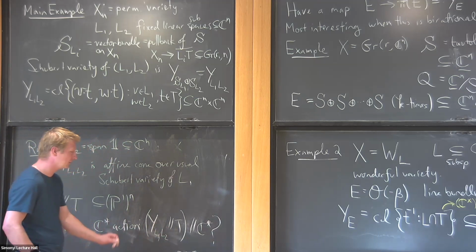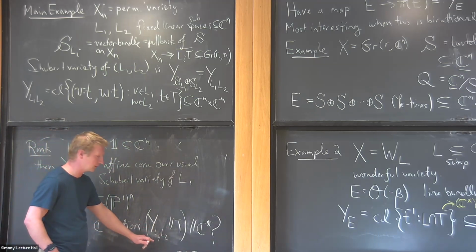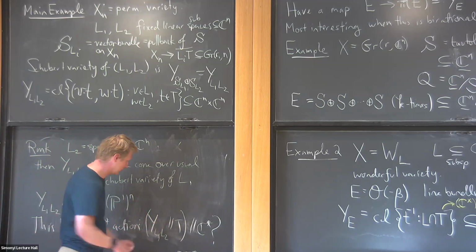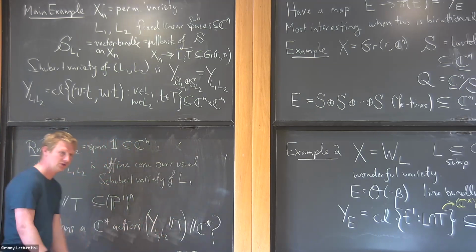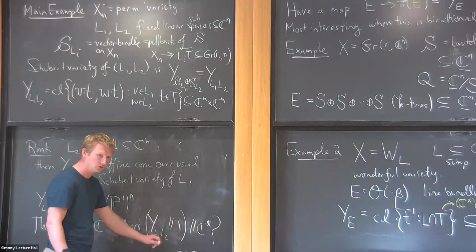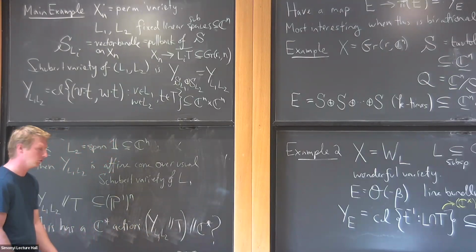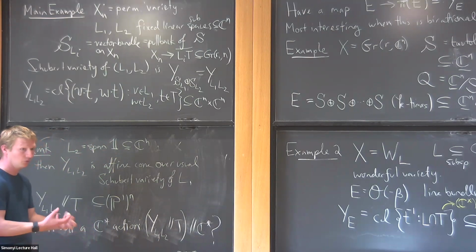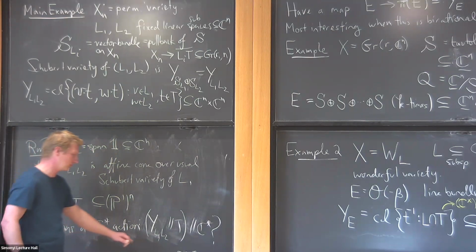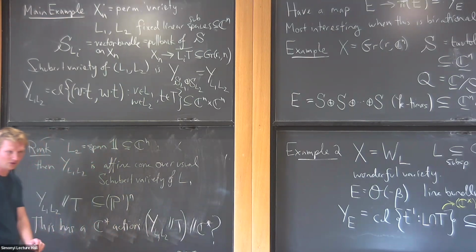No. Well, yes. So you get the wonderful compactification if L2 is equal to the span of the all ones vector. And morally, what's happening is you're taking the difference of two Bergman fans. So I feel like there's some kind of interesting geometry happening here. This is a subvariety of the permutohedral variety. Yes.